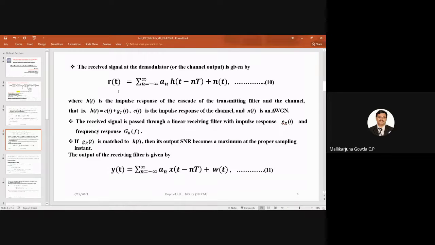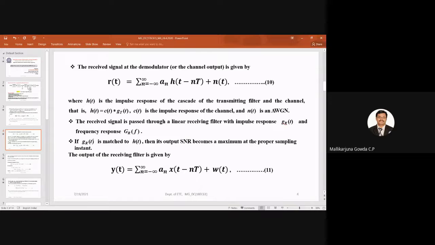So this received signal will be passed through the receiving filter, right? So a linear receiving filter, and its impulse response is known as gR of t, and its frequency response will be capital GR of f. And I also said how we express this GR of f.